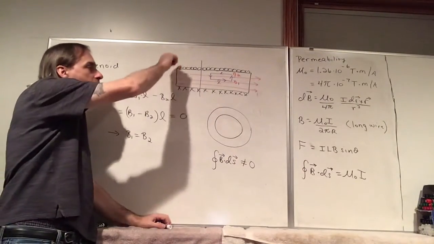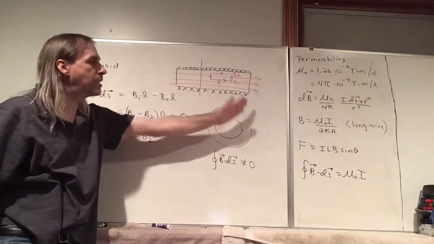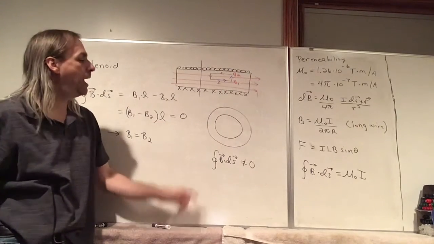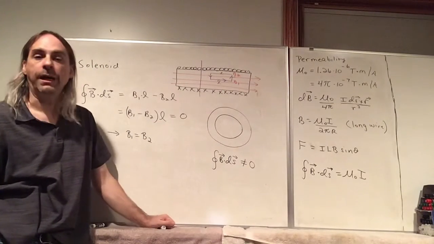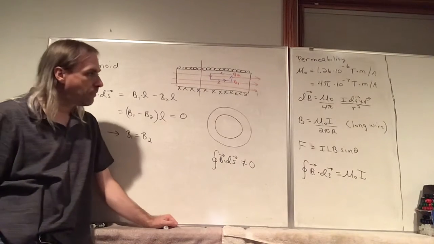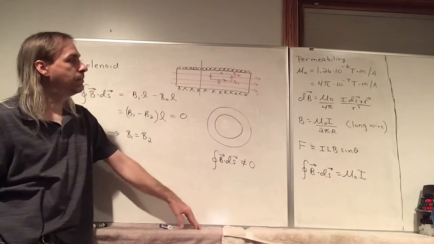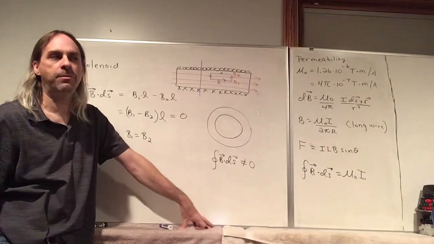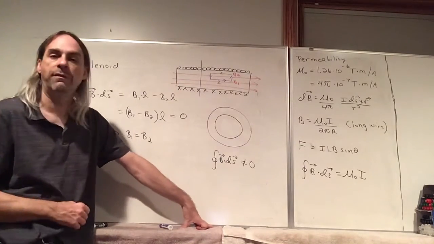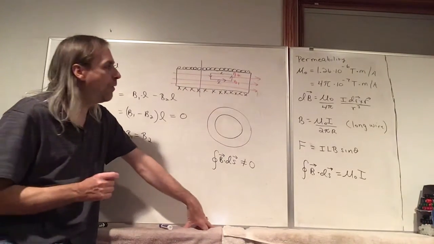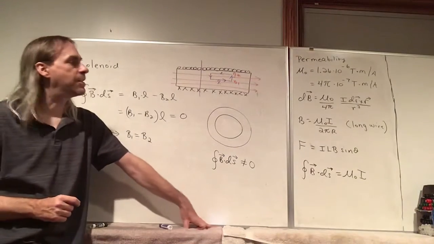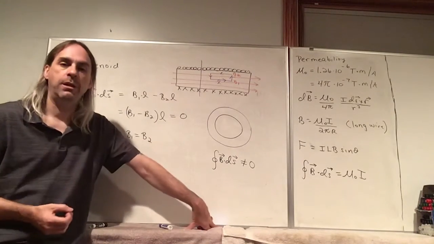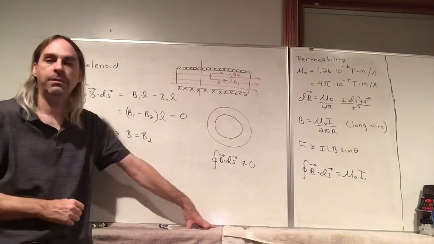Like it winds around this way, and so there is some current, so there has to be a magnetic field outside the solenoid. And actually, we can evaluate that, and you basically get the magnetic field of a long straight wire. However, the magnetic field outside the solenoid is very weak compared to what is inside it.